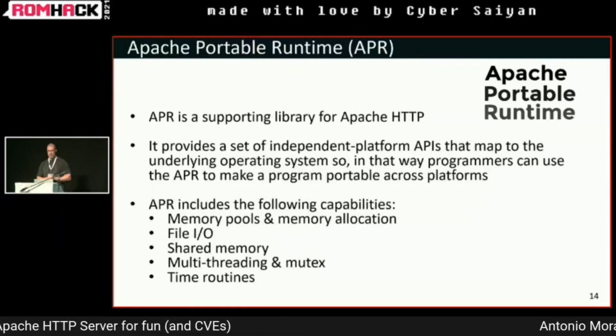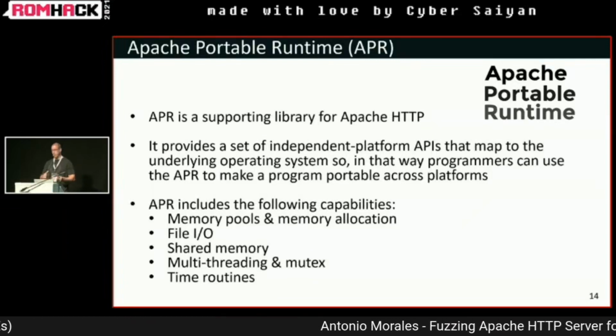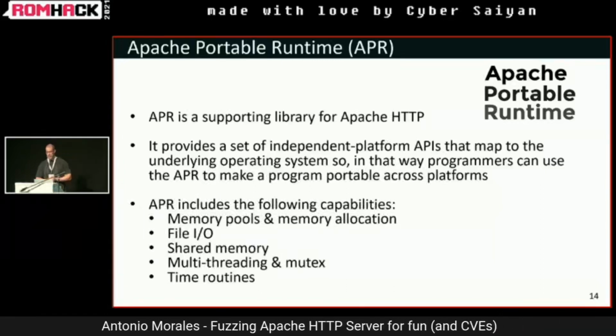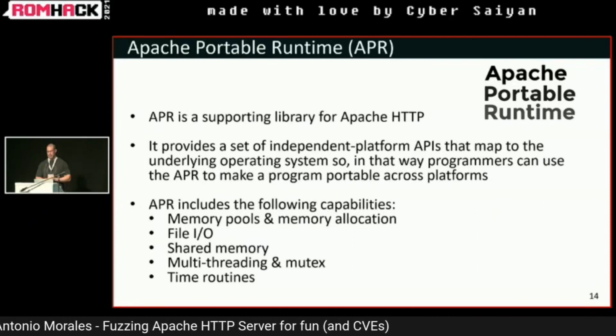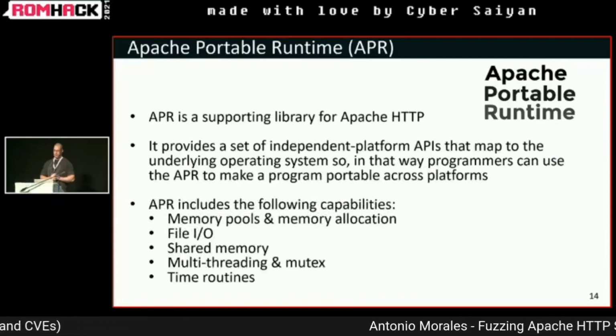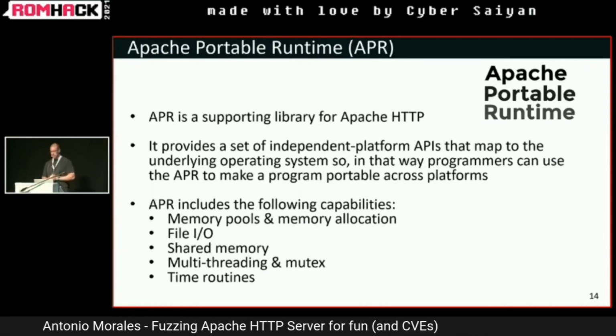Some of the capabilities of APR include the memory pools and memory allocations that I will explain after. It also handles file input and output, provides shared memory functionalities, and other things such as multi-threading or time routines.